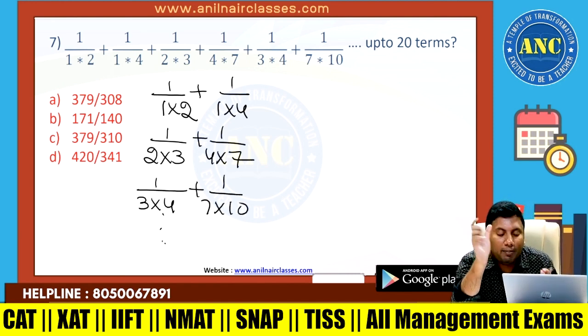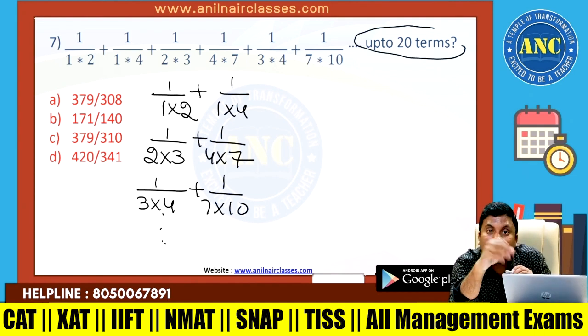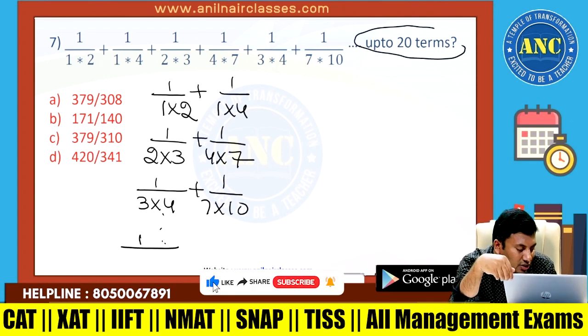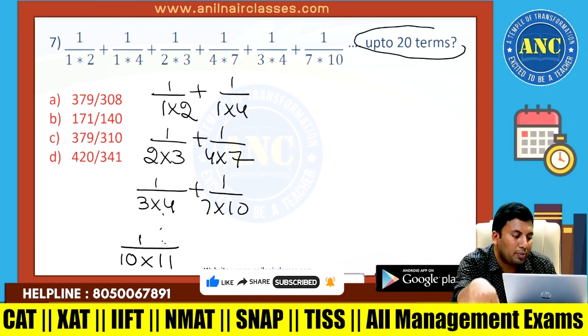If I take a doublet, total 20 terms are there. That means if I take 2 terms as a group, there are 10 groups. So the 19th term will be 1 by 10 into 11. I hope it is clear.